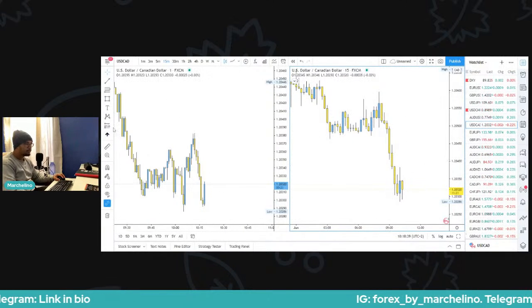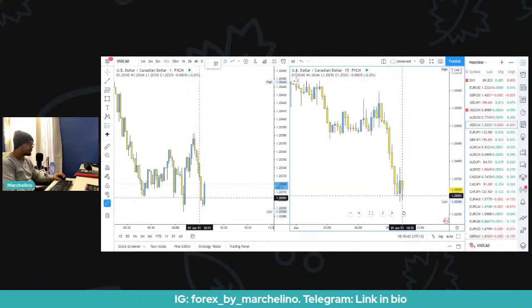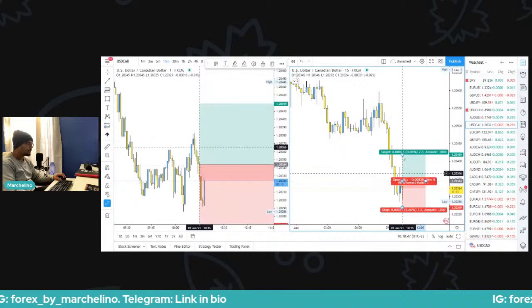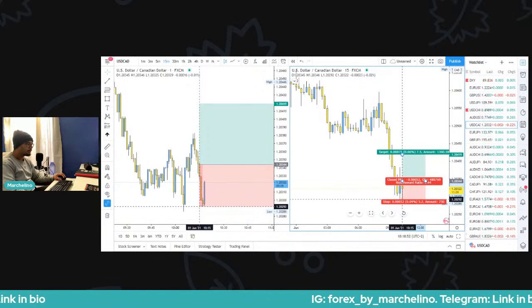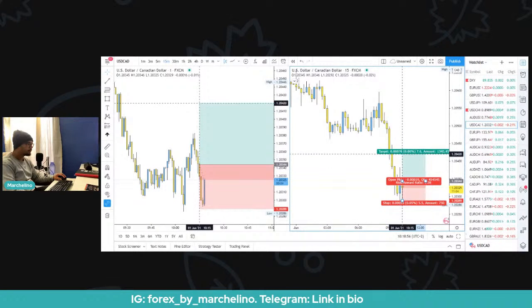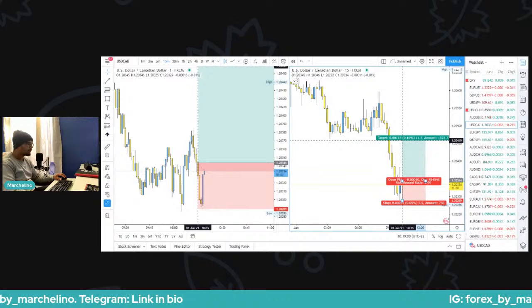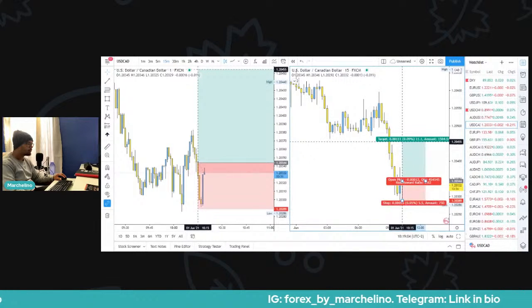But the thought process of the trade would be, we're failing to go lower, right? We're expecting a pullback, so let's place a 5.5 pip stop or 6 pip stop, and then you go for like a 1 to 2, something like that. That would be the thought process behind the trade.